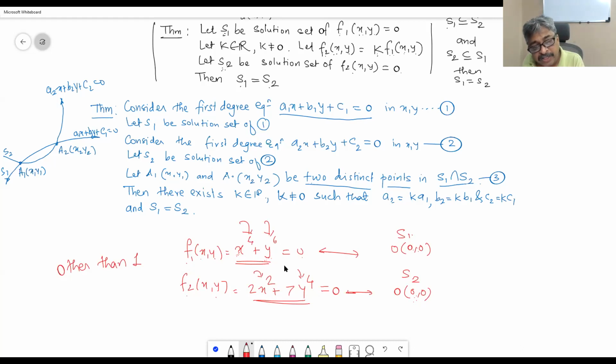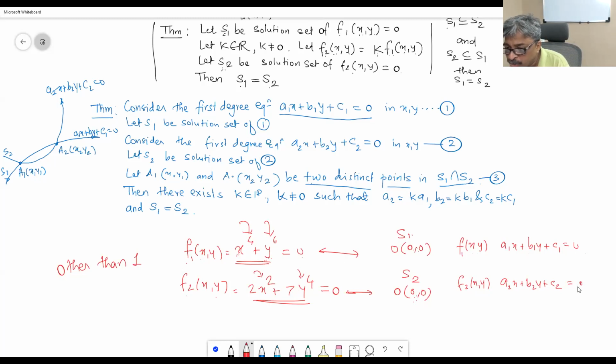If the degree of these equations, the LHS equations, is 1, that means they are linear, then this cannot happen. Then what will happen? If the degree of f1 of x comma y is 1, it looks like this: a1x plus b1y plus c1 is equal to 0. And f2 of x comma y looks like a2x plus b2y plus c2 is equal to 0.